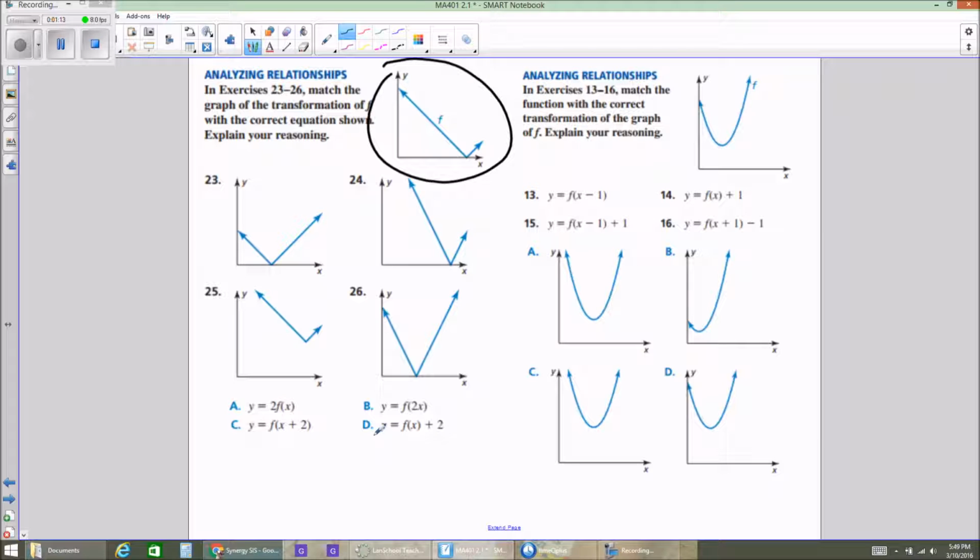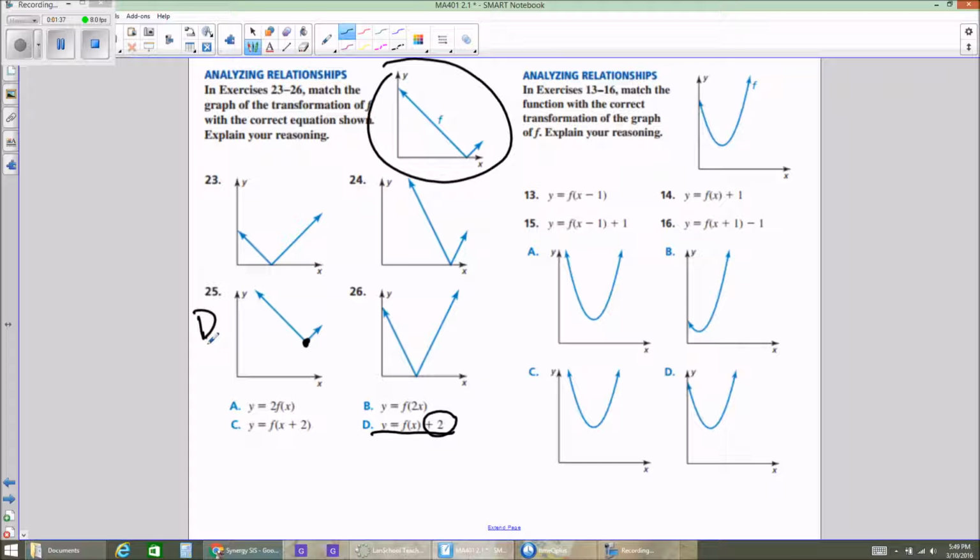The most obvious transformation you should see is the plus 2 on the outside. As you recall, when there's a plus 2 or anything on the outside, that is a translation either up or down. So in our case, we have gone up 2 on the graph, and so D is 25.